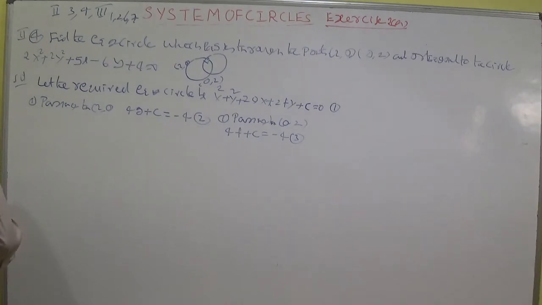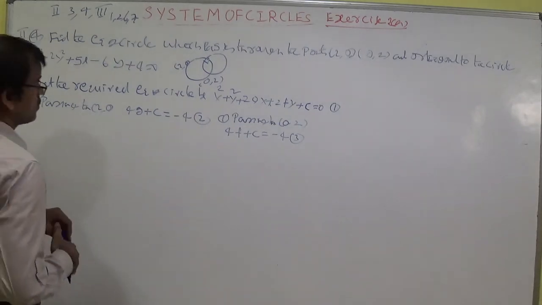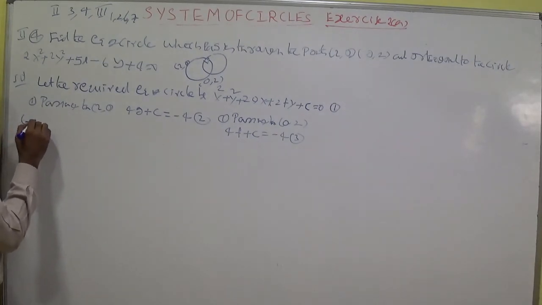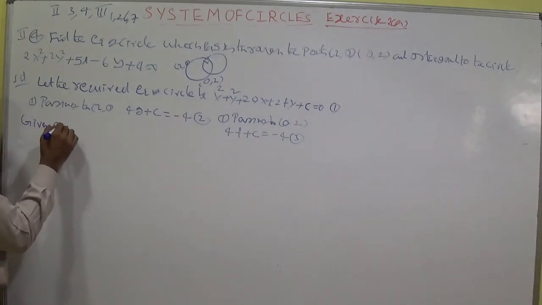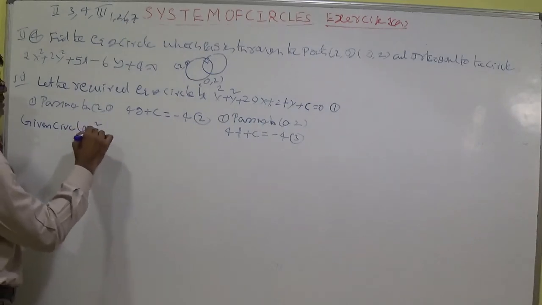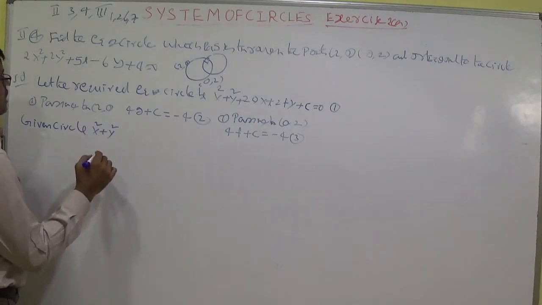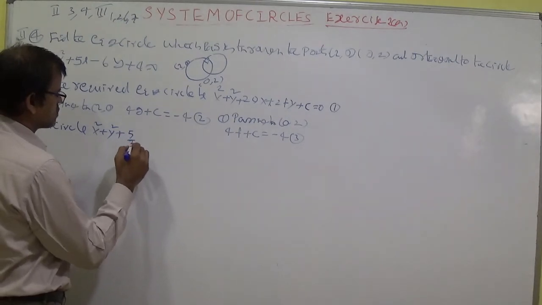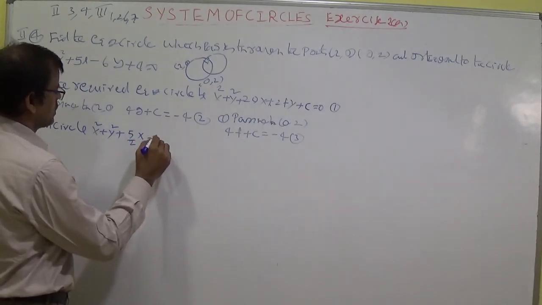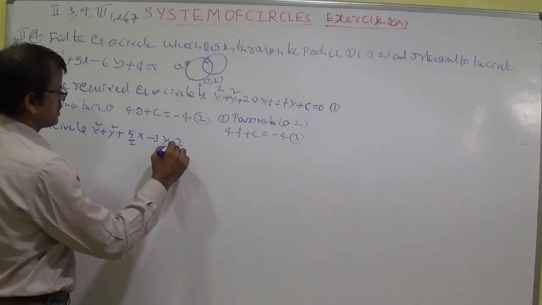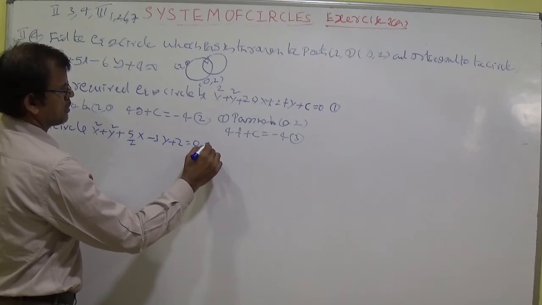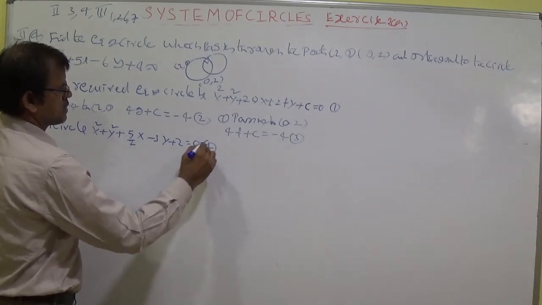Whatever the third circle is given, we should standardize the given circle. By standardization we will get x square plus y square plus 5 by 2x minus 3y plus 2 equal to 0. Let it be fourth equation.